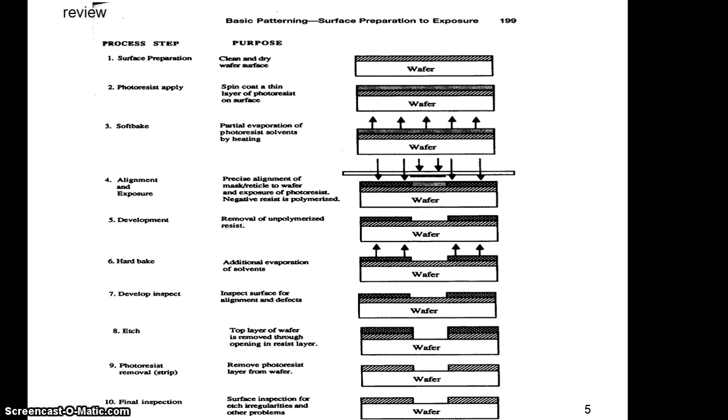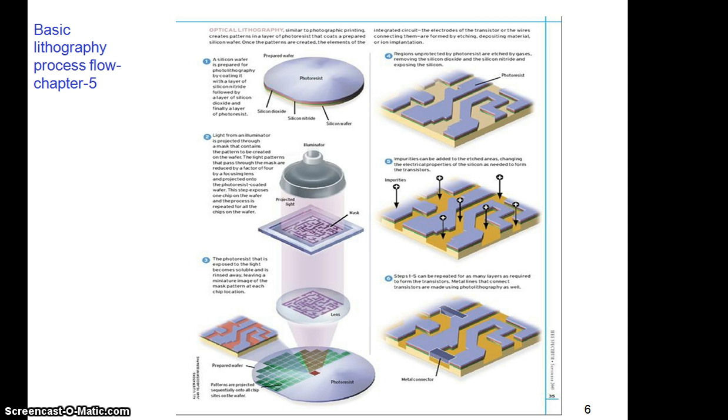Then etching: the top layer of the wafer is removed through the openings in the resist layer. Then remove the photoresist, then final inspection. The photoresist is removed using acetone. So these are the key steps for transferring the pattern from the mask onto the desired substrate.